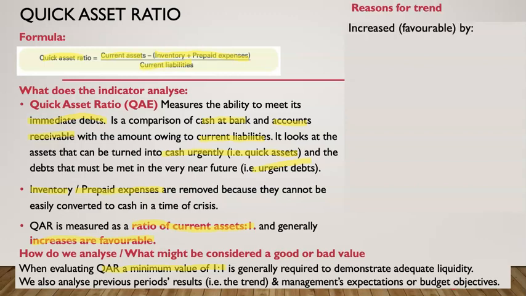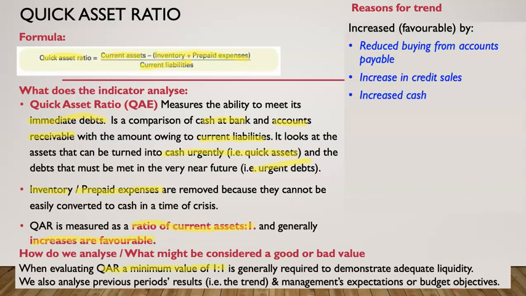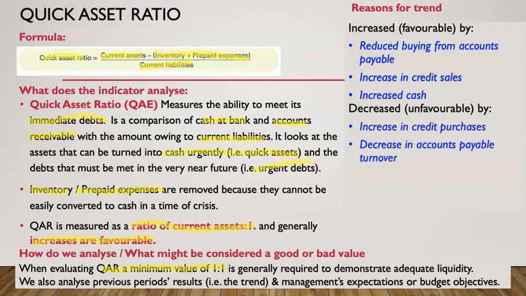Why might it increase, which is favourable? Reduced buying from accounts payable, increased credit sales, and increased cash. It could decrease by an increase in credit purchases, a decrease in accounts payable turnover, or if you're using cash to purchase non-current assets, so using a current asset to buy a non-current asset.